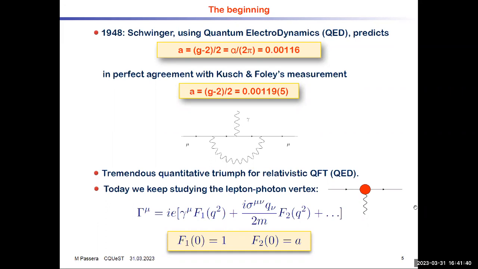So, as a theorist, what we have to do is take your model, take the standard model or an extension of the standard model, and compute this form factor F2 at Q squared equals 0. That is your theoretical prediction that has to be compared with the experimentally measured value.